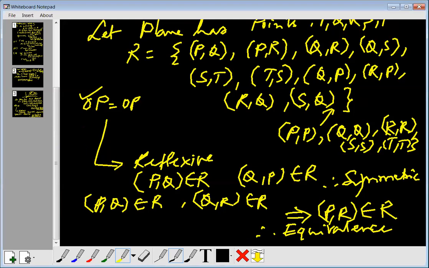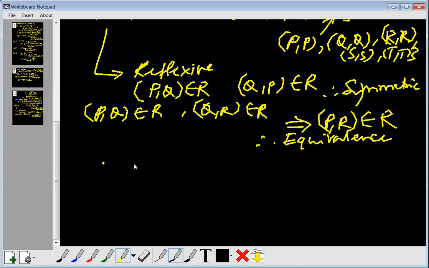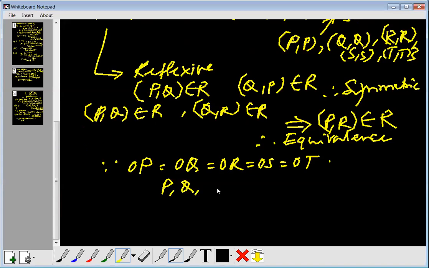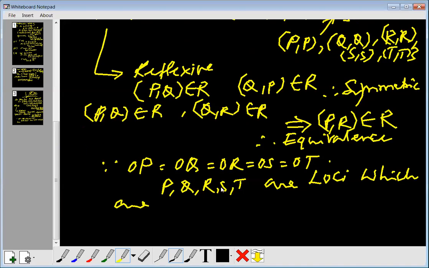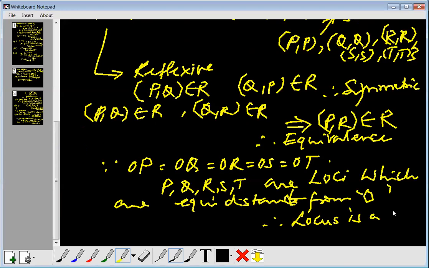So what we have to show is that since OP equals OQ equals OR equals OS equals OT, PQRST are loci, the locus of the points which are equidistant from O. Therefore, that locus is a circle with the origin as center. That's it.